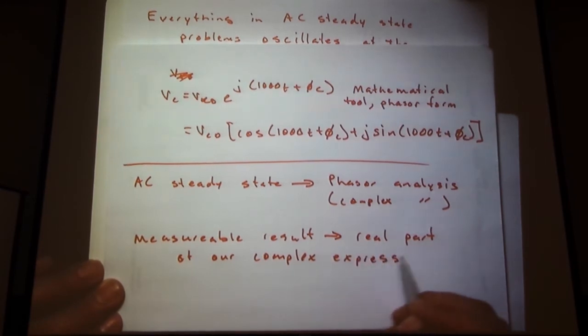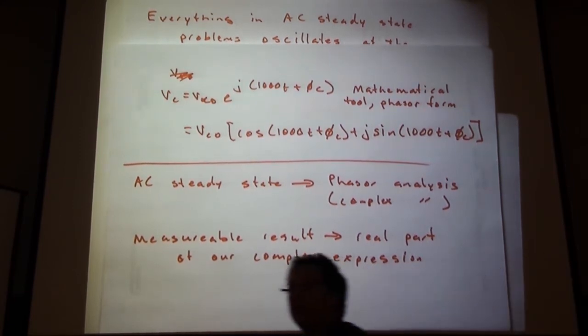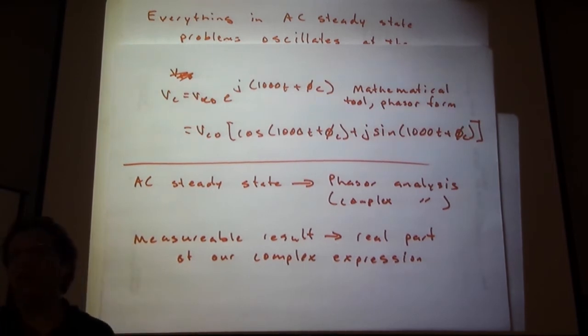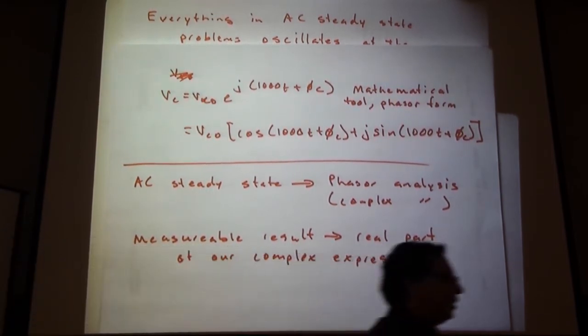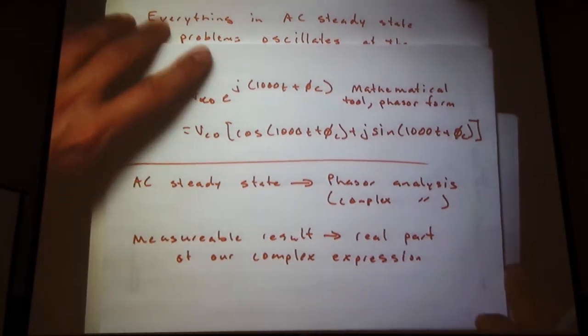And the question may be, and it's a reasonable question, why do this then? I mean, why do this phasor complex analysis? Well, it's actually easier. It's much easier to do phasor analysis than it is to do trigonometric calculations in our circuits. And you'll see that. I think you'll agree with me.